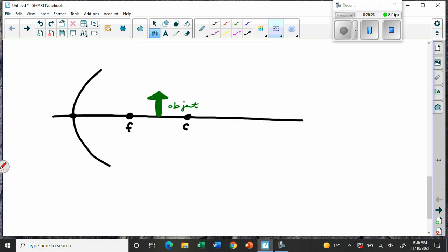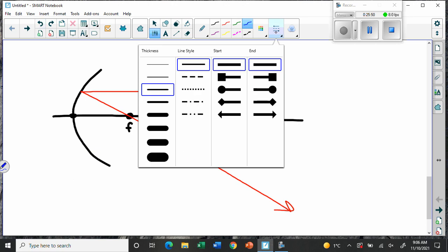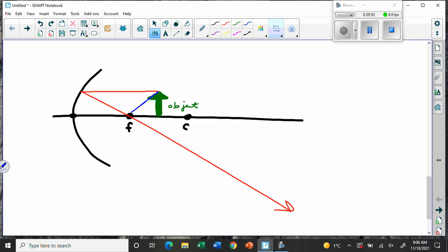Let's draw some lines. So the first one would be parallel, and then reflecting in a straight line like that through F. That looks pretty good. The second rule would be going through F, and then reflecting out like this parallel. Again, that one's a little bit, maybe it's because I went too thick. I got to try to draw straight lines. That's better. Okay. Actually, I don't like that one either.